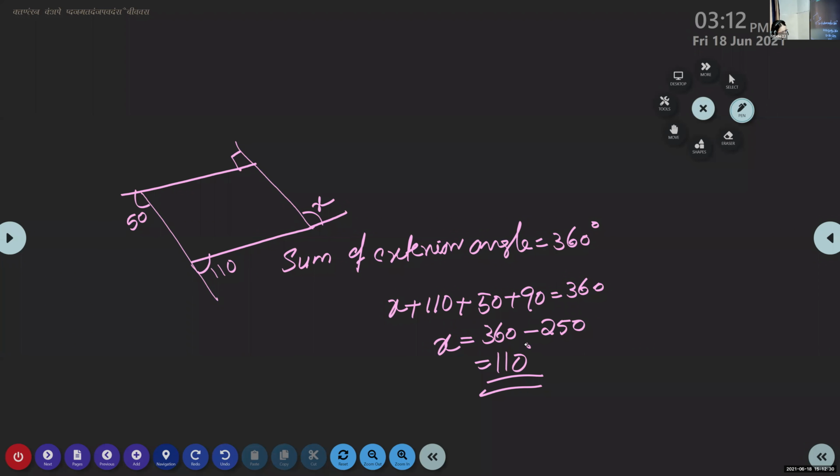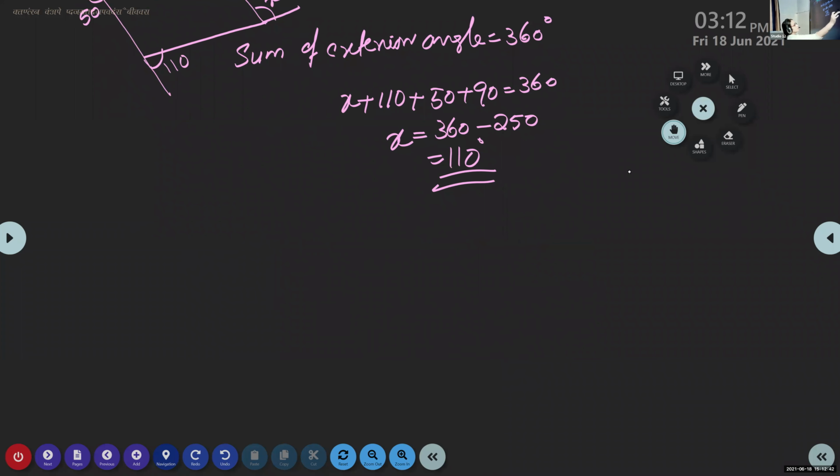One more question. Take page 44, question number 1. Draw the figure, a triangle.